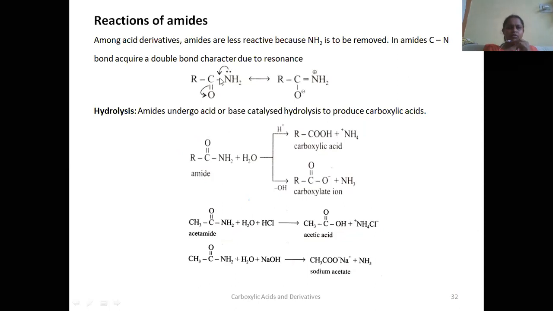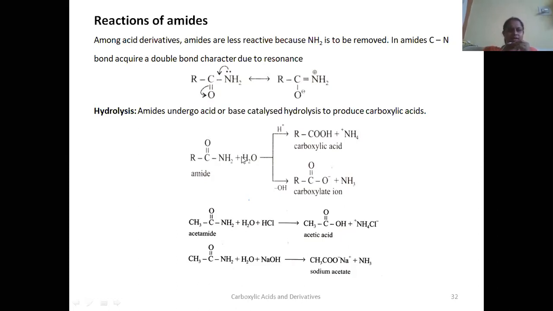When you shift these electrons, the C-N bond gets a double bond character, and the electrons shift onto the oxygen, giving it a negative charge. Because of this, it is the least reactive among all the carboxylic acid derivatives. Now let us see the reactions of amides.